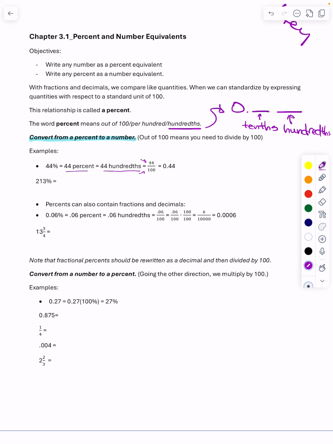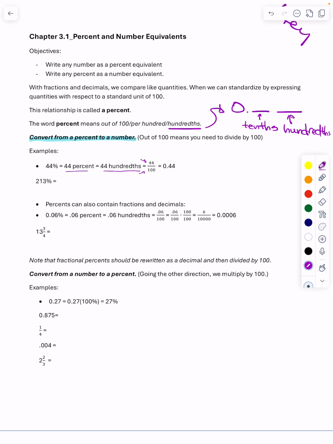That's our denominator. That's how big the parts are. The numerator is how many parts we have. When we divide that, we could just plug it into the calculator, we get 0.44. So a lot of times when we convert from a percent to a number, it is going to be a decimal between 0 and 1.